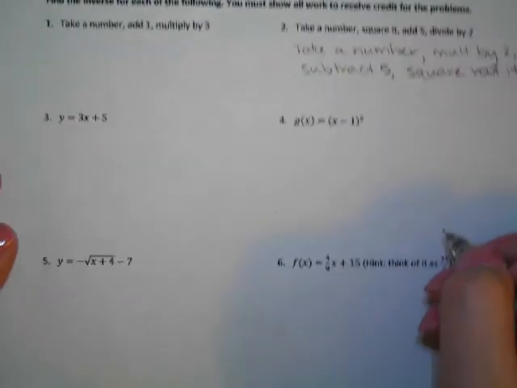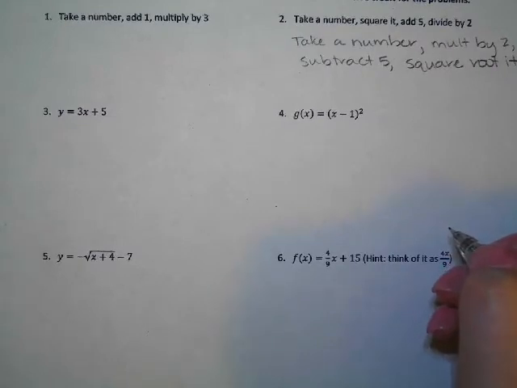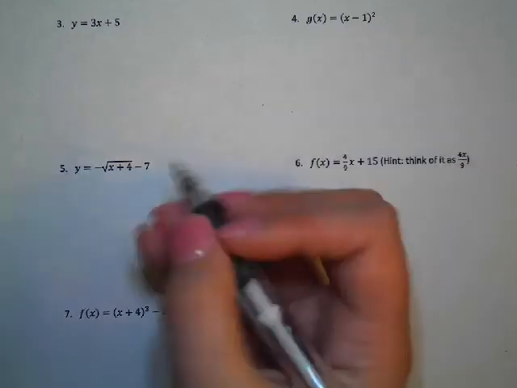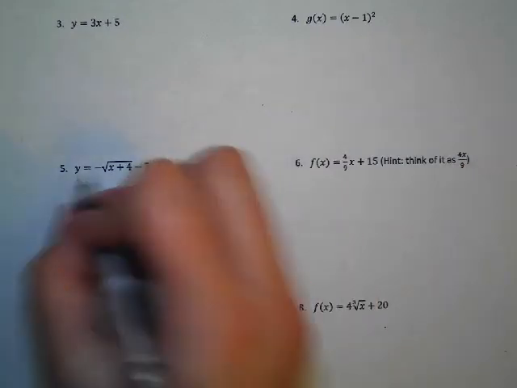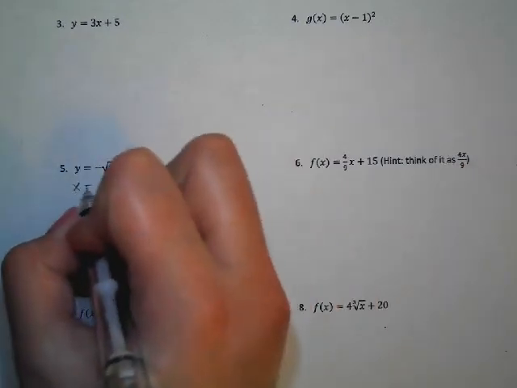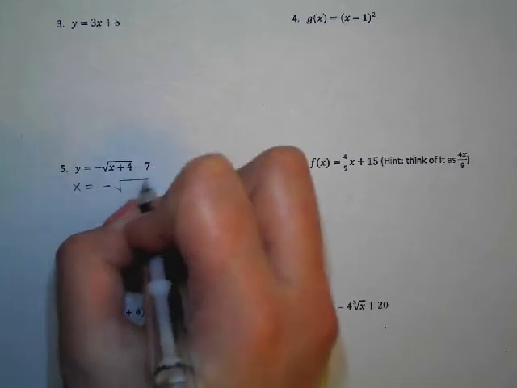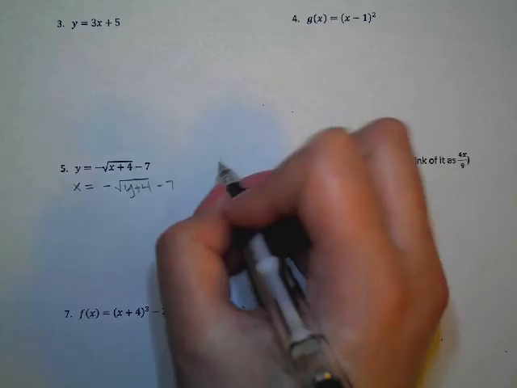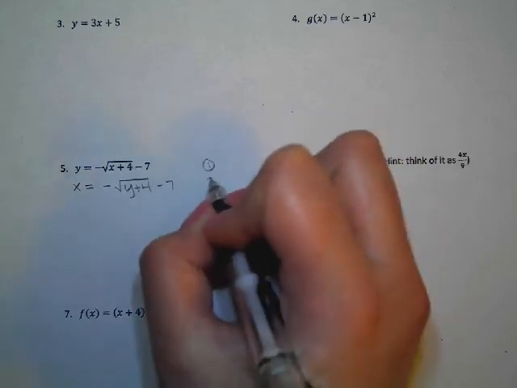All right. Let's go ahead and look at number 5. Our first step is to trade the x and the y. And we're going to do order of operations backwards.